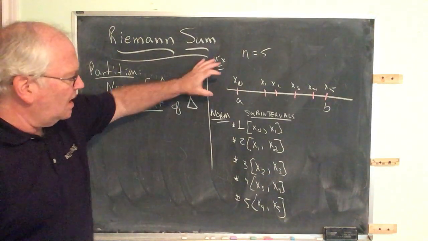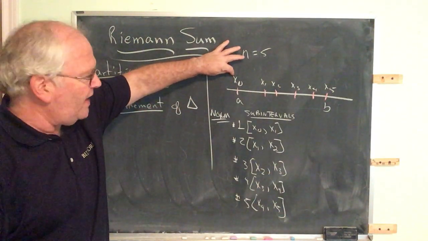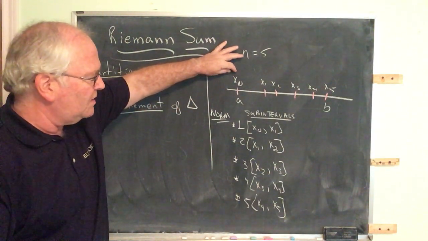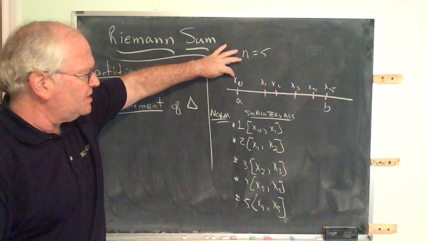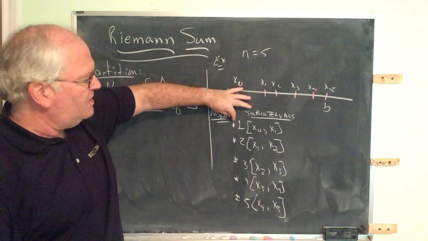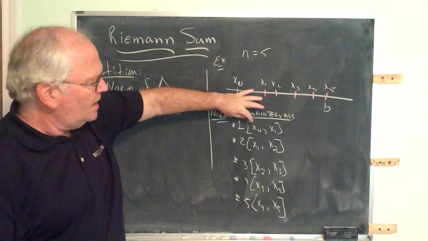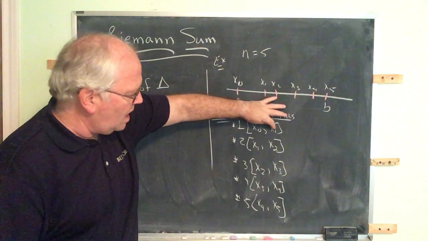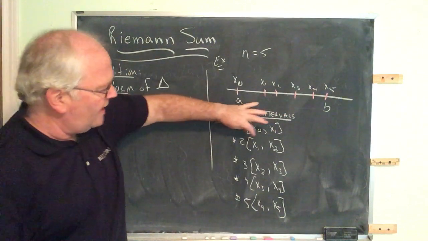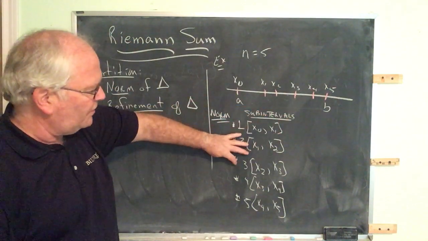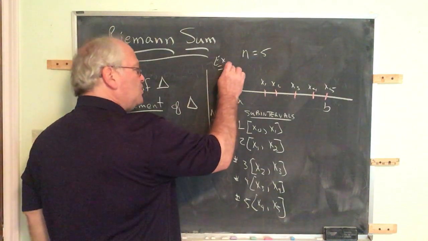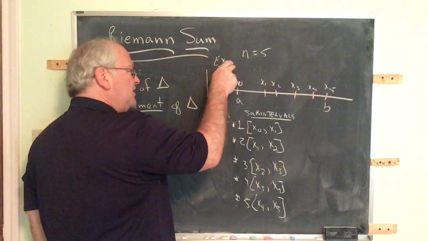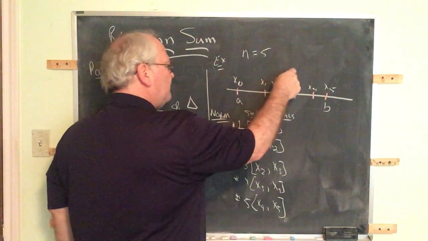Now, one small detail. We can see why we start with x subscript 0 here. X subscript 0 is the first point because when I say subinterval number 1, it goes from x0 to x1. Subinterval number 2 ends at x2. Subinterval number 3 ends at x3. Now, suppose we had numbered this x1 instead of x0. This would have been 1, 2, 3, 4, 5.